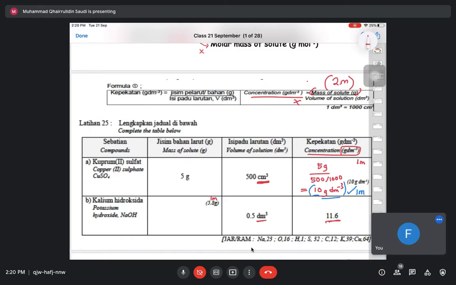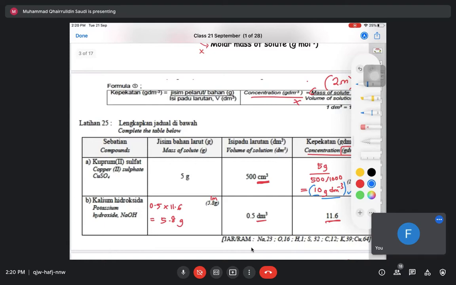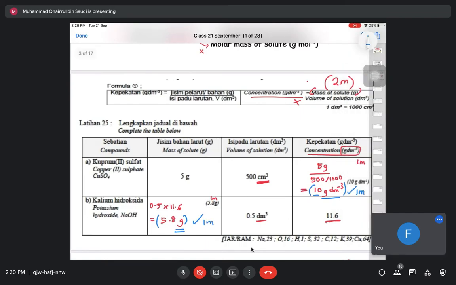Volume 0.5 times concentration 11.6, you will get 5.8 gram. You must have the unit as well, and you will get 1 mark. If no unit, no marks. Okay. Can we proceed?